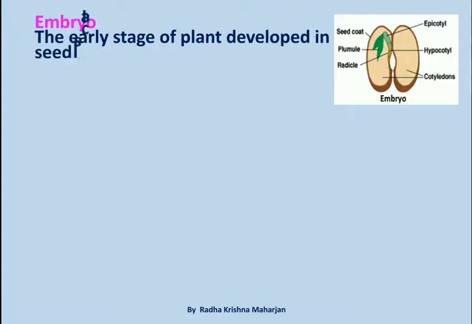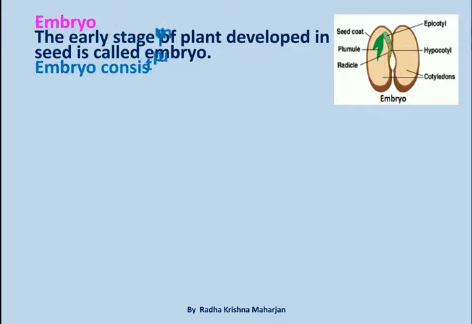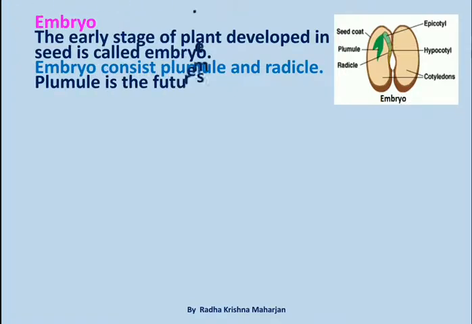Embryo. The early stage of plant developed in seed is called embryo. Embryo consists of plumule and radicle. Plumule is the future stem.